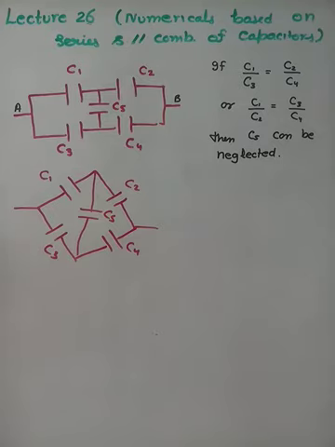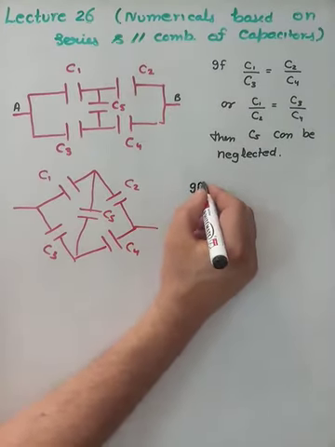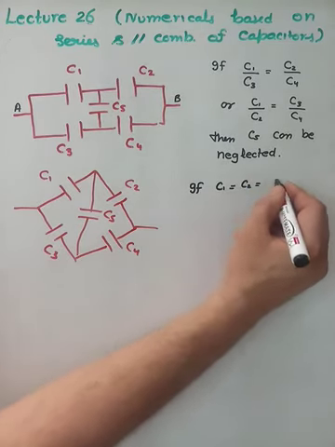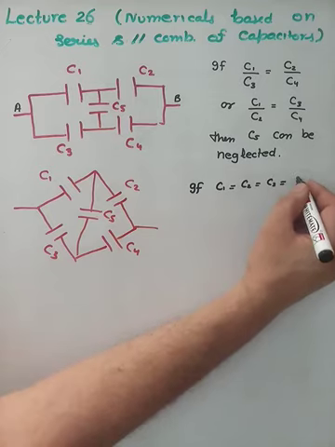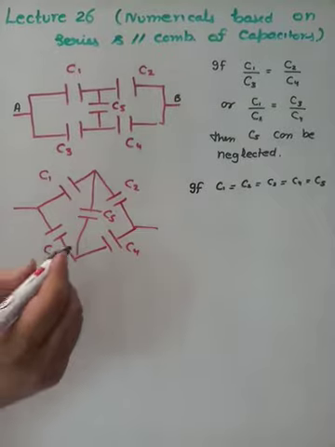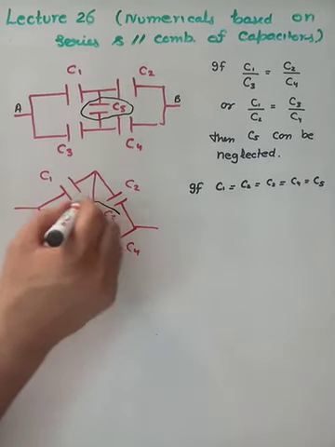Now suppose all capacitors are equal, if C1 equals C2 equals C3 equals C4 equals C5, then we can neglect this C5.